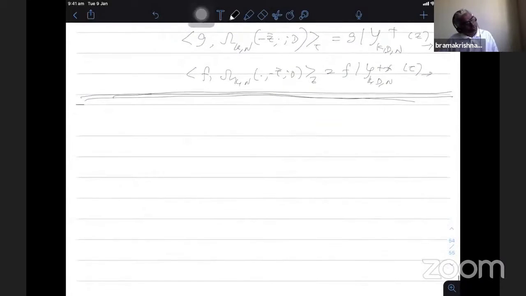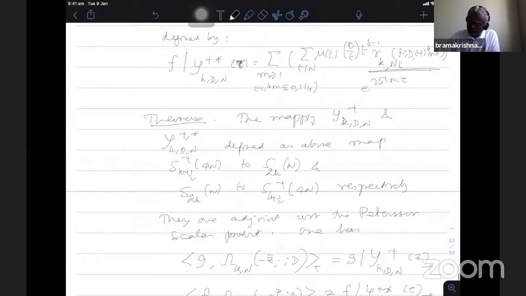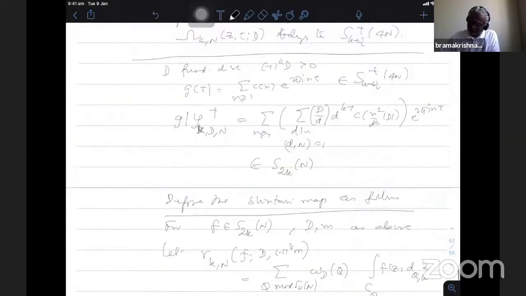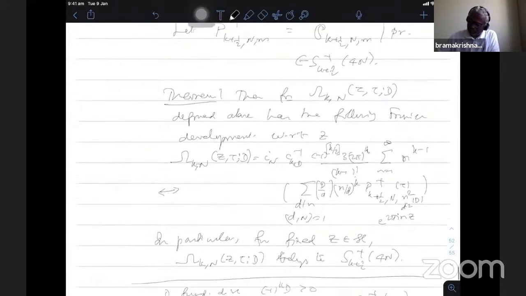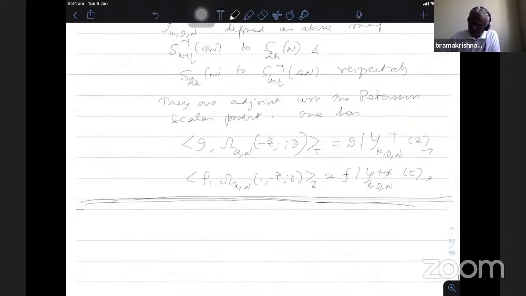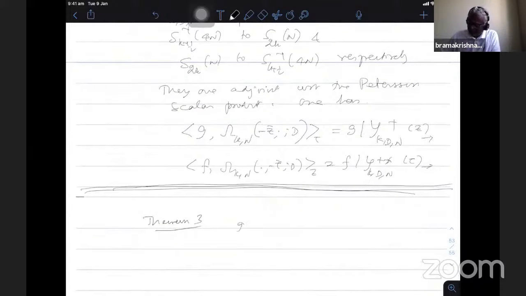So before I go to the proof, another theorem is theorem 2. Theorem 1 is this one. Theorem 2 and theorem 3 is: let g be a newform in S_{k+1/2}(N).